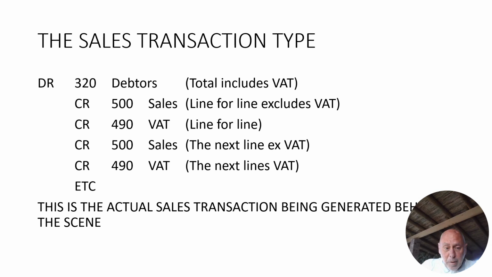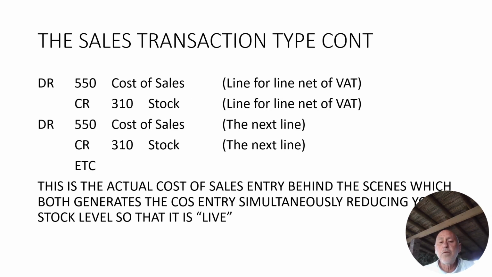It's of the transaction. But there's a step further that it has to do because you're running a live stock system. So behind the scenes, and your accounting system is doing this automatically, for each line, it's debiting 550 your cost of sales, net of that, and it's crediting your stock account, 310, net of that.